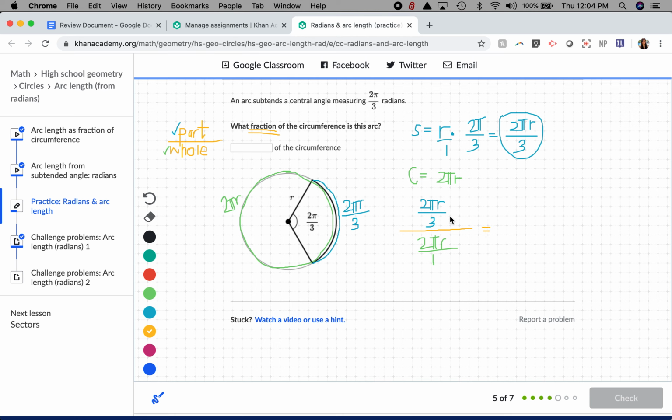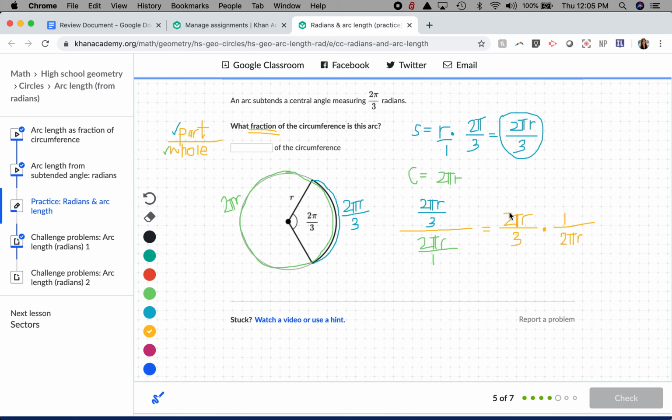I'm going to write the numerator exactly as it is, 2 pi r over 3. And I'm going to multiply that by the reciprocal. So I am going to flip the numerator and the denominator. I'm going to have 1 over 2 pi r.